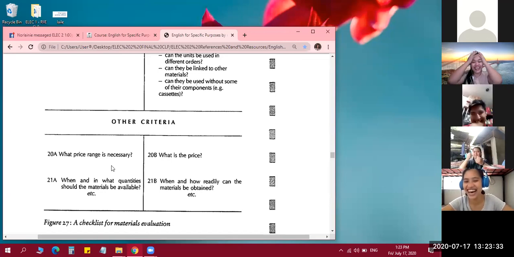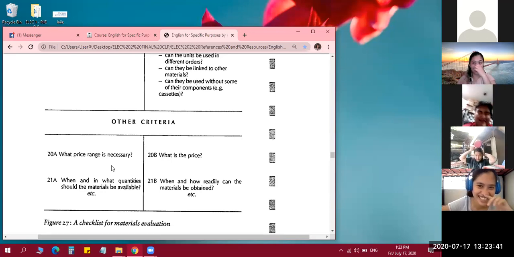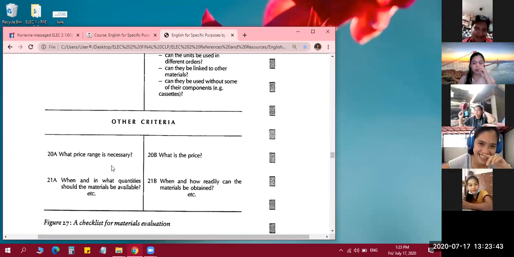Okay. All right. So, what is the price? Okay, now so that's the first, second, and third stage. The fourth is to match my answers in question A and question B.